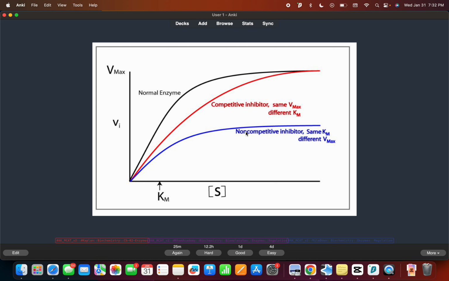And how would the uncompetitive be? Both are reduced, so it's here, and so it's not only less, but it just goes forward, shifts to the right.